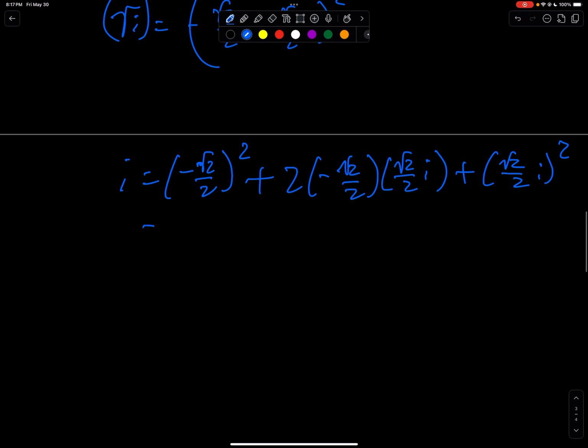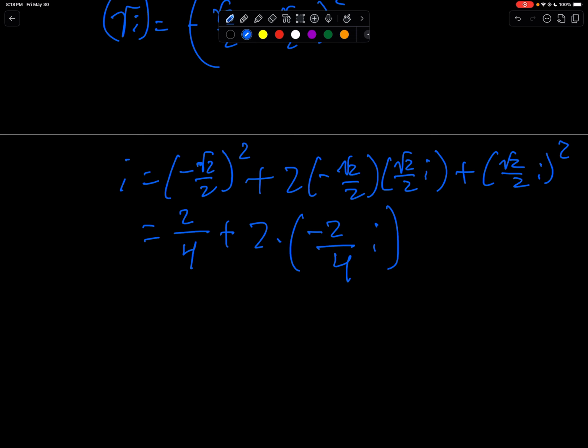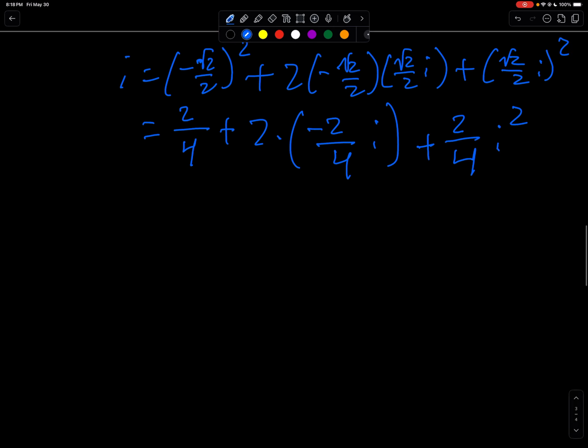So then this will then be 2 over 4 plus 2 times negative 2 over 4i plus 2 over 4i squared.